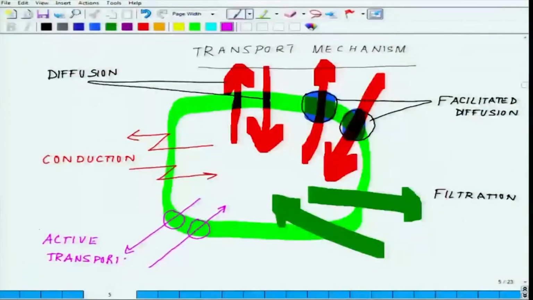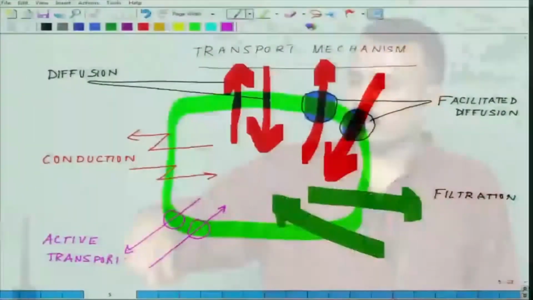Then you have facilitated diffusion, where there are proteins which ensure the movement of a specific molecule, electrolyte or organic molecule. Then you have filtration, because you need a mesh through which it filters, and then you have active transport, which depends on a supply of energy.